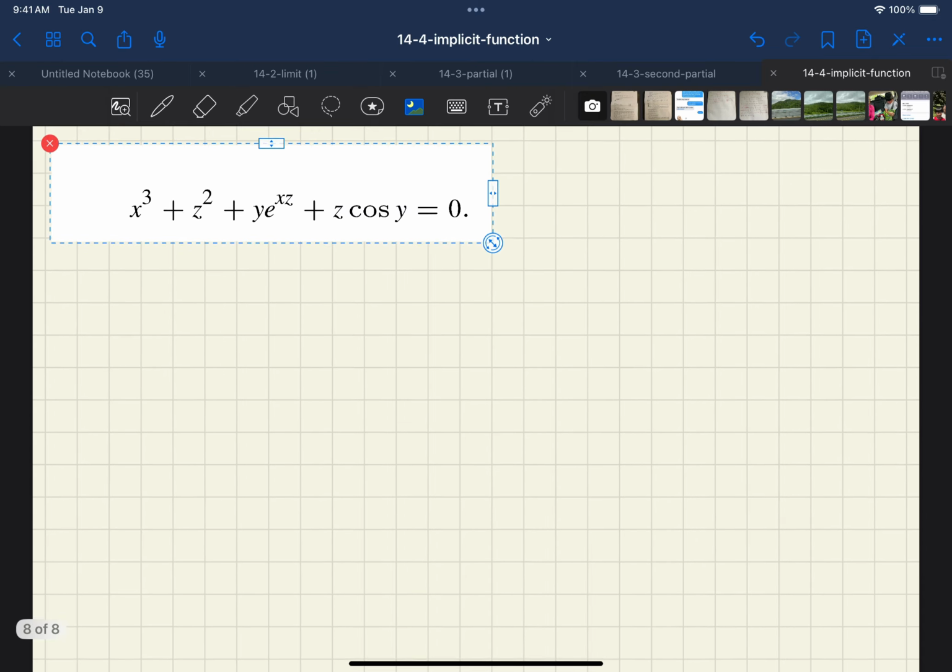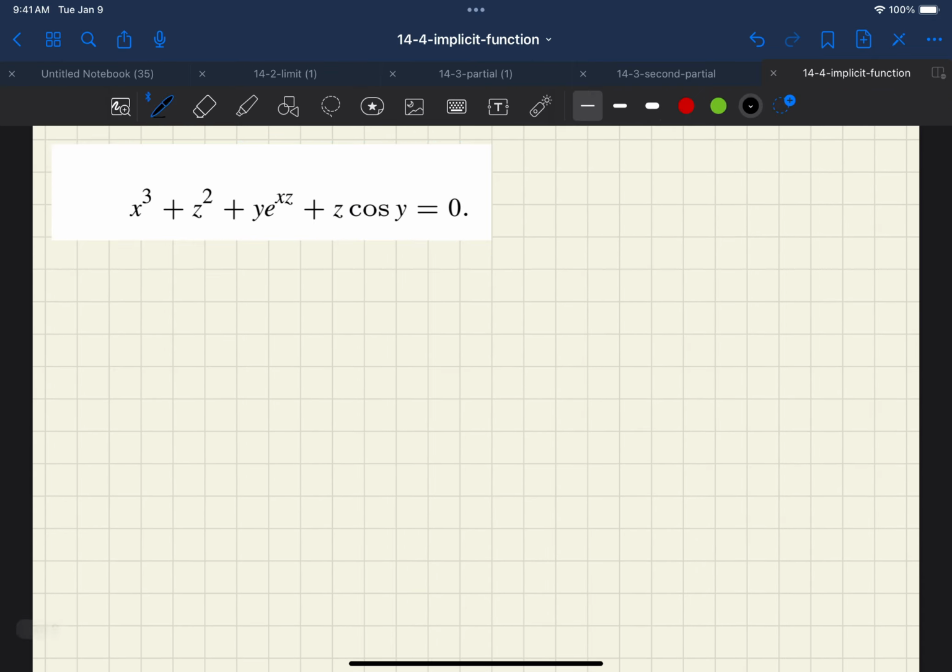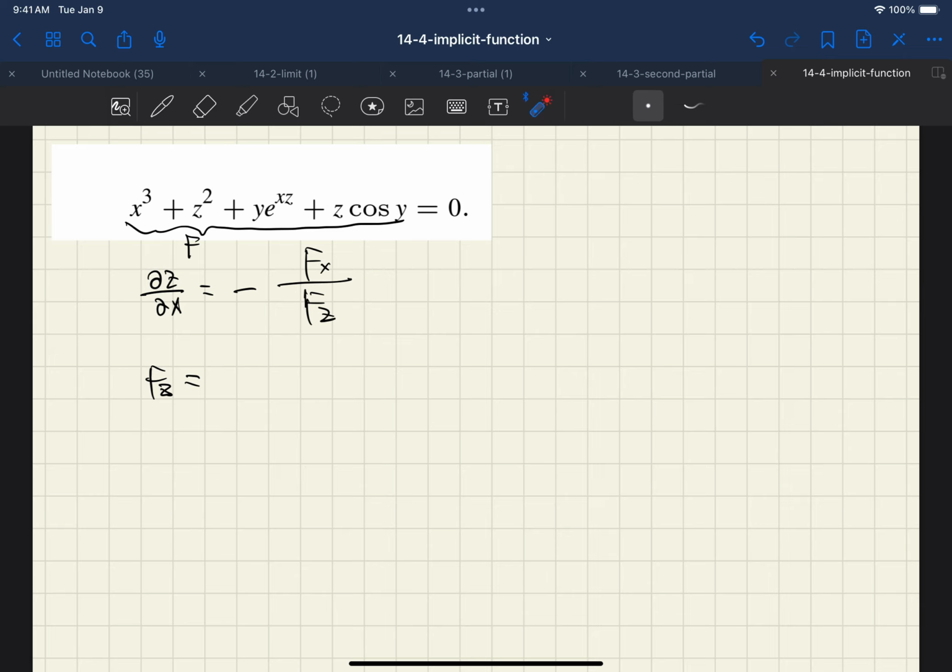All right, here's the example. I'm going to look at partial z partial x first, which is negative Fx over Fz. Now here f is given as the sum of these four terms. So we first look at Fz, the denominator. In this case, we take the derivative with respect to z, so other things are just like constants. So 2z, because x cubed, the first one, is simply 0.